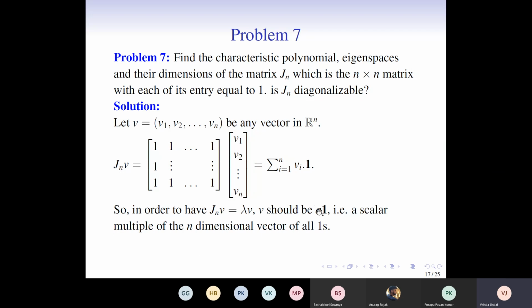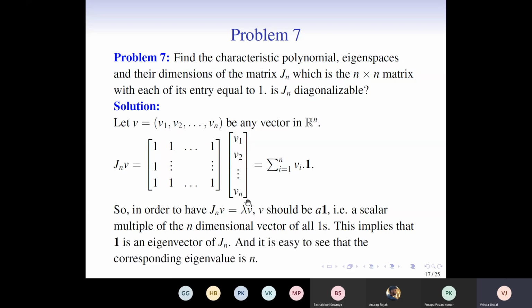Then the summation of vi becomes n times a. So a times 1 remains the eigenvector and that n becomes the eigenvalue. So n is the eigenvalue and one of the corresponding eigenvectors is the vector of all ones, and any other scalar multiple of that eigenvector would obviously also be an eigenvector for eigenvalue n.